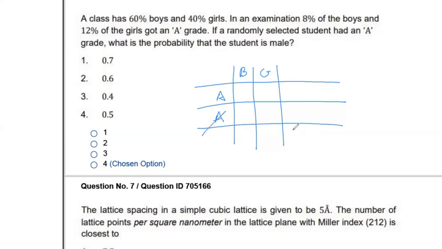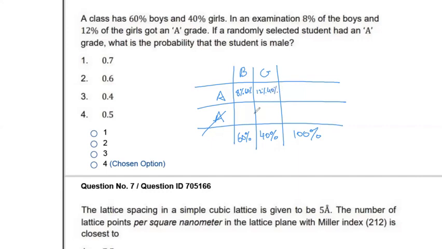Okay. So there is 100%, 60% boys, correct, and 40% girls. 8% of the boys, so 8% of 60%, and 12% of the girls, so 12% of 40% had an A grade.